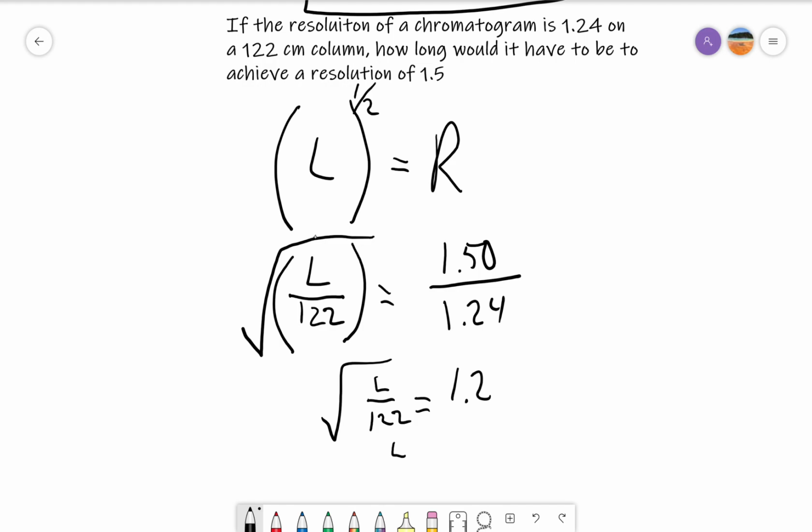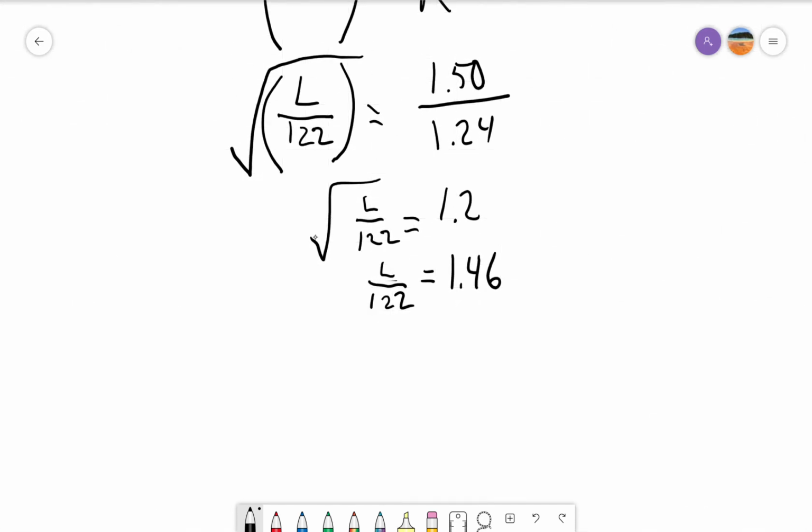If we square that, 1.46. The length of the column that we want to achieve compared to the length of the column of 122, the length is going to be 179 centimeters long.